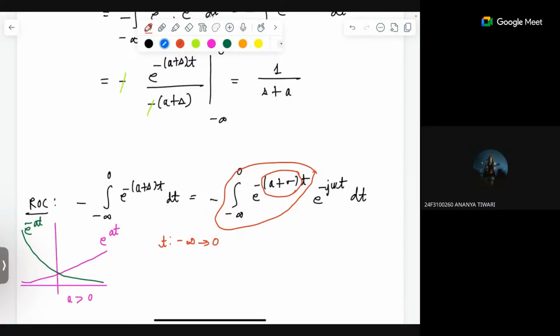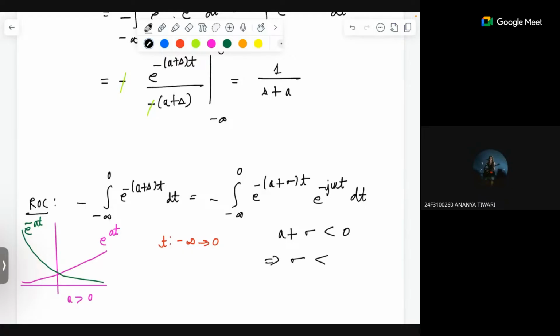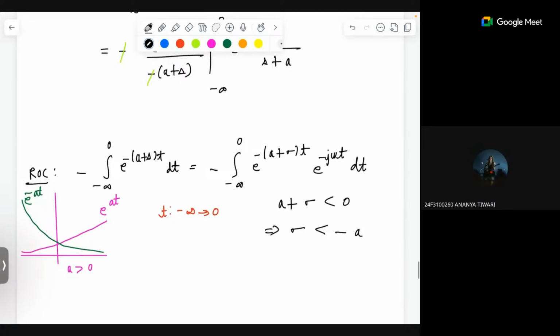So basically here I want this overall one to be positive. So if a plus sigma is less than 0, then overall will become positive. So here a plus sigma should be less than 0, or sigma should be less than minus a. Is this clear? Yes, ma'am.